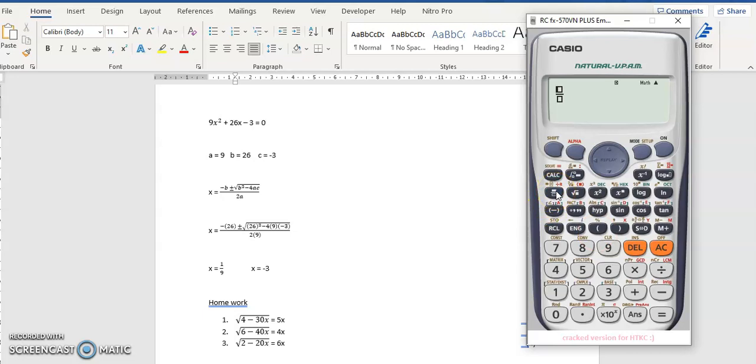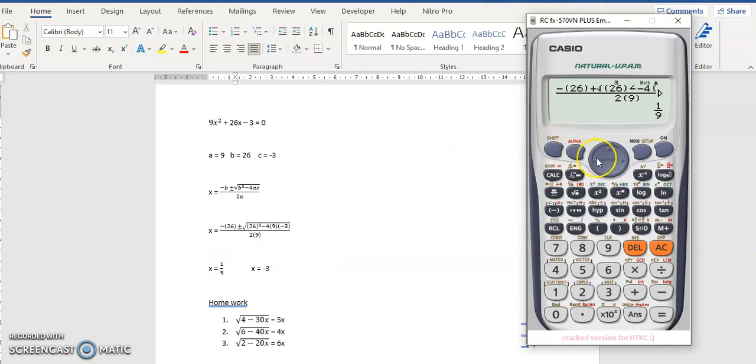So we have minus 26 plus the square root of 26 squared minus 4 times 9 times minus 3, divided by 2 times A, your A is 9. Equal. So you see that this one gives us 1 over 9.